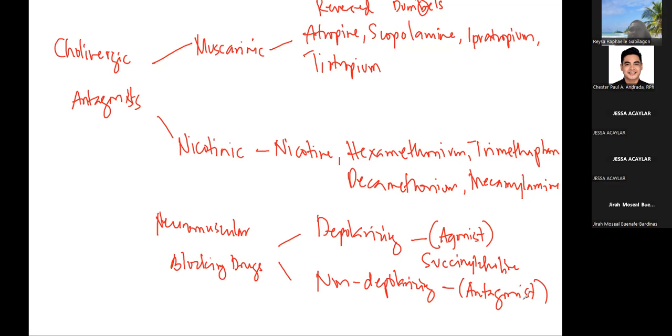And then the recovery will be the reverse. The first to recover is the diaphragm, and the last one will be the small muscles, just like the muscles in our face. So these are pancuronium, rocuronium, atracurium, and cisatracurium. They are our non-depolarizing agents.